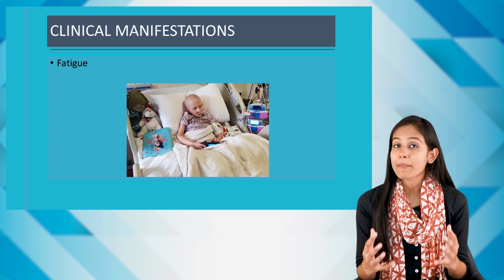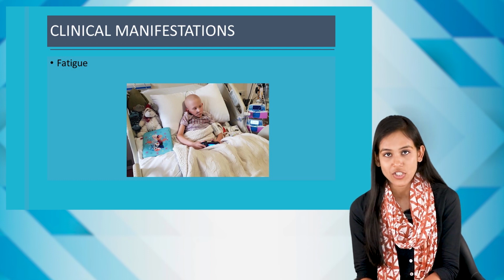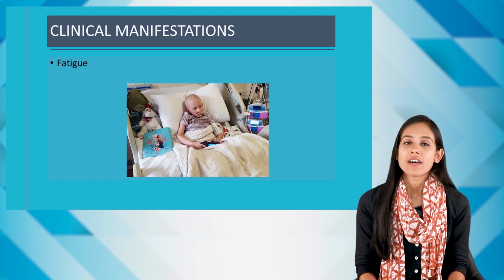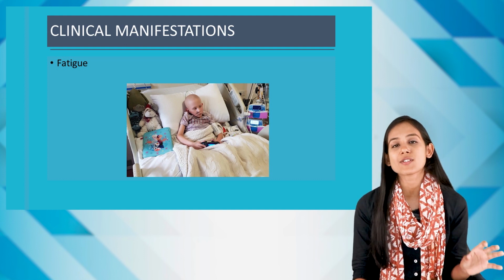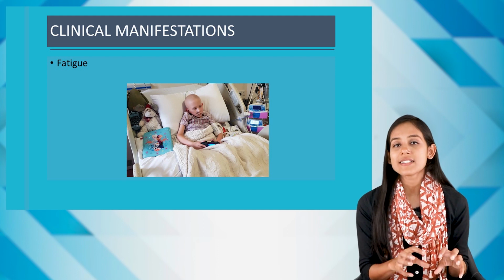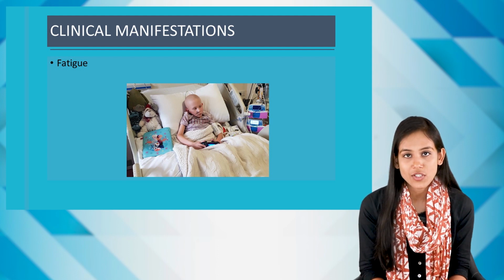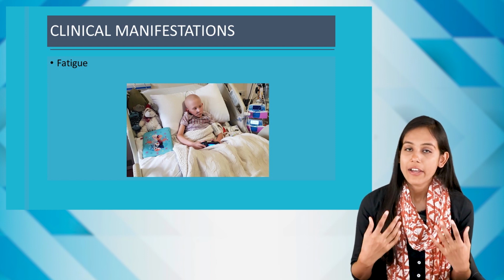But remember, that won't serve any function. The leukemia cells won't serve any function, right? So eventually, whichever kind of cells, the healthy cells that we are going to have would be less. So definitely the child would have fatigue.